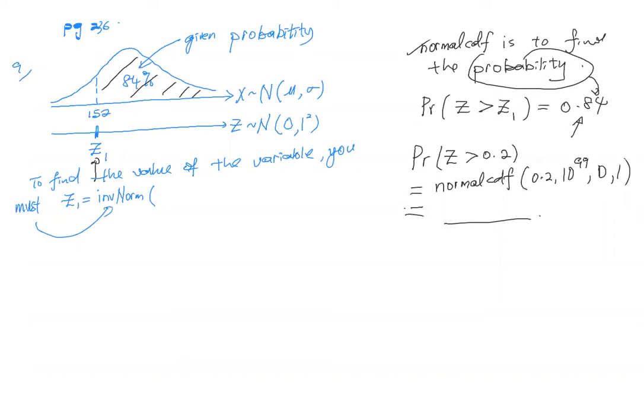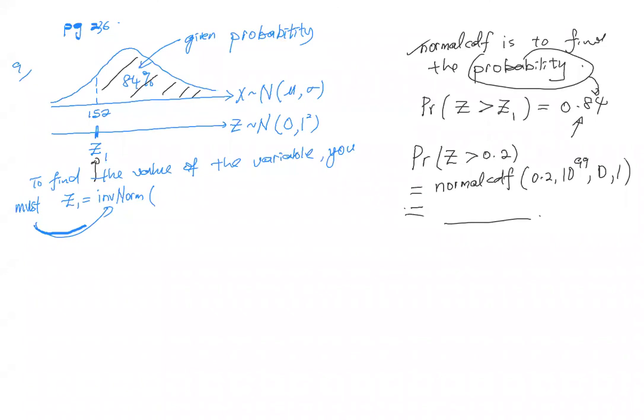Understand? Clear? Normal CDF is to find the probability. Inverse norm is to find the value of the variable based on the probability given. Clear?